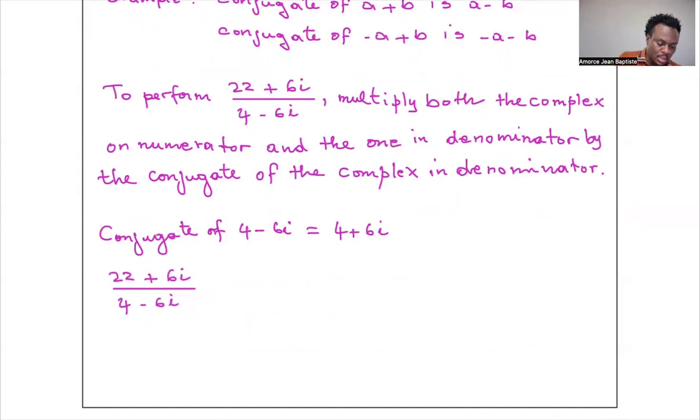So this becomes, okay, and then we perform the algebra with this.